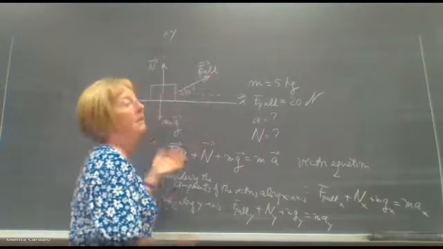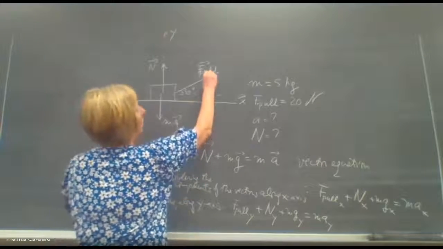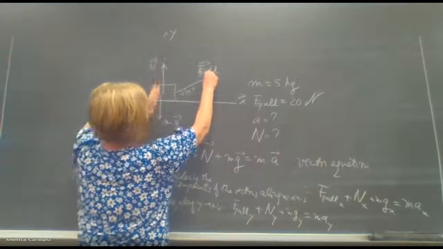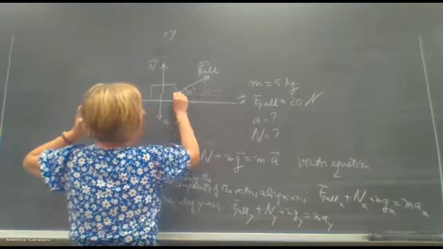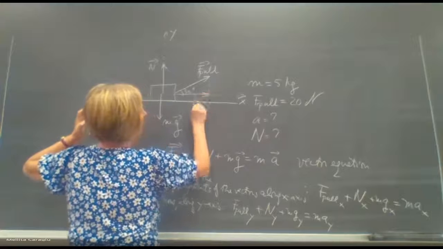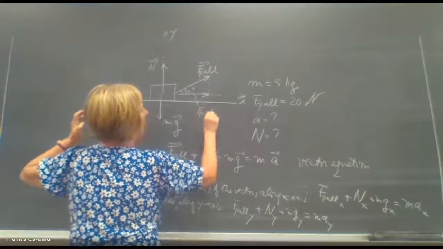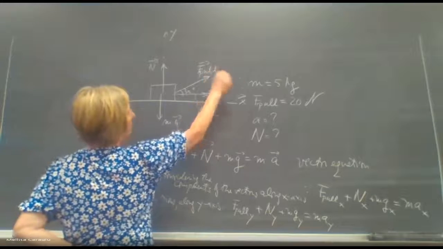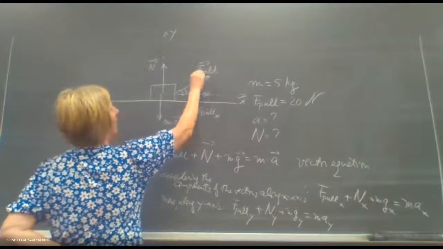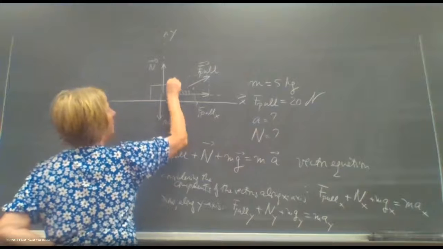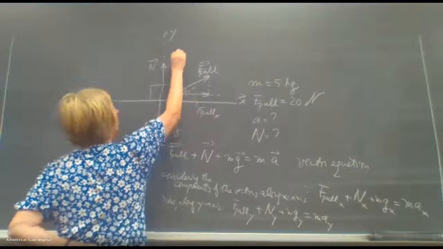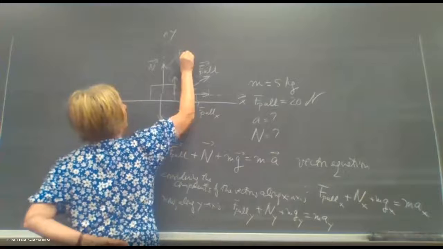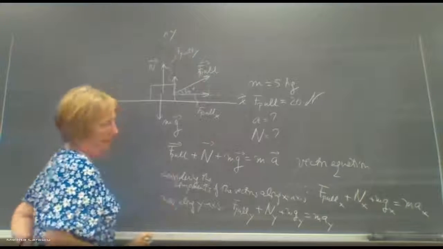But F pull needs to be decomposed. So from the tip of the vector, parallel to one of the axes, this here is F pull along x, and from the tip of the vector, parallel to the other axis, this here is F pull along y.